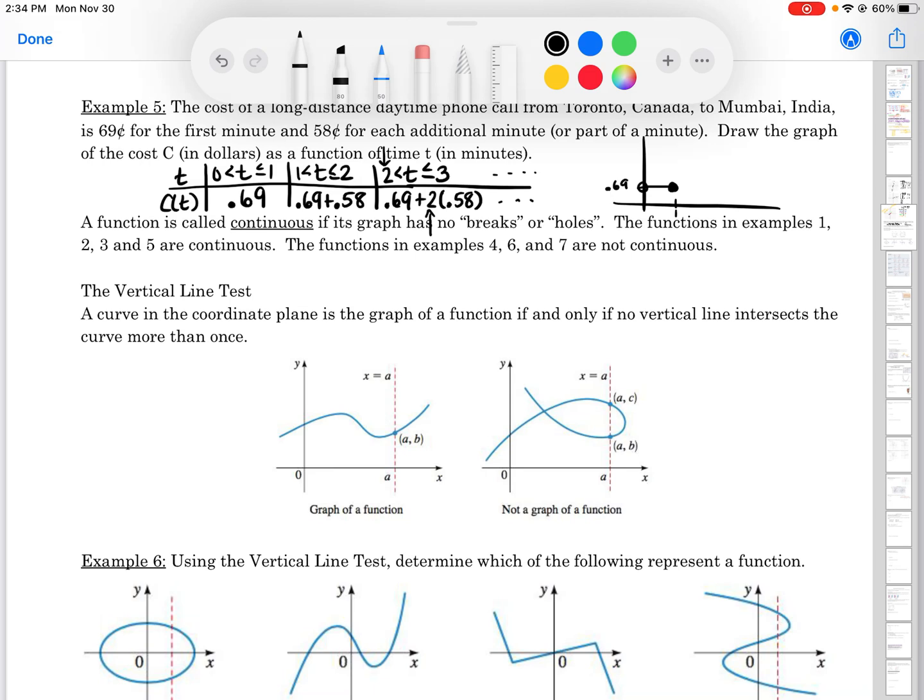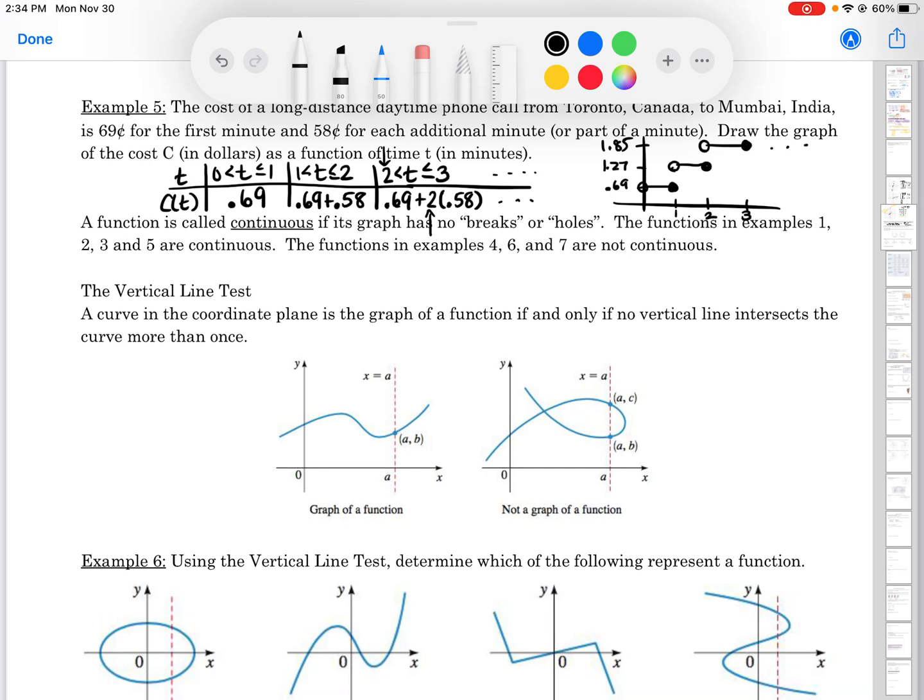So let's see, 0.69 plus 0.58 is $1.27 when you are after 1 minute up until and including 2 minutes. And we'll just continue adding 58 cents. So this is 1.85 at 2 minutes, just after, and it ends at 3 minutes. And this will just continue on.